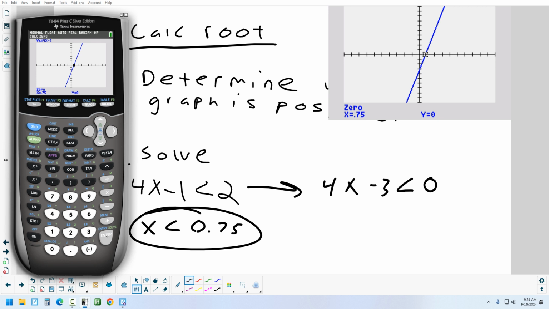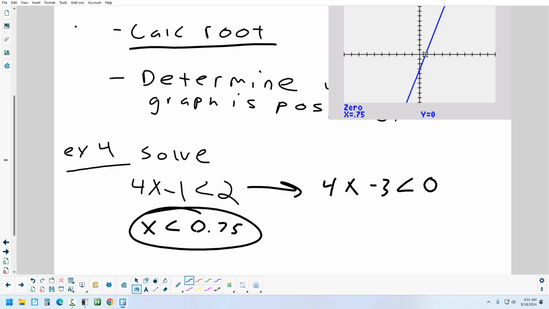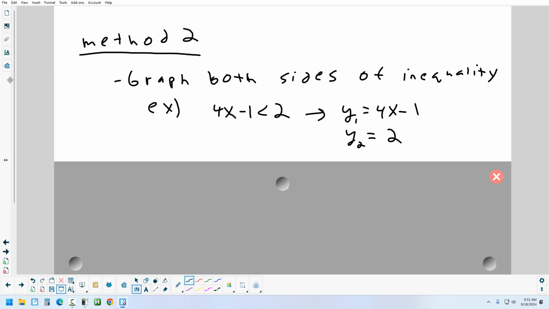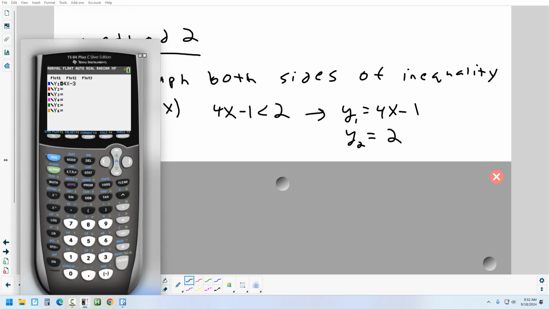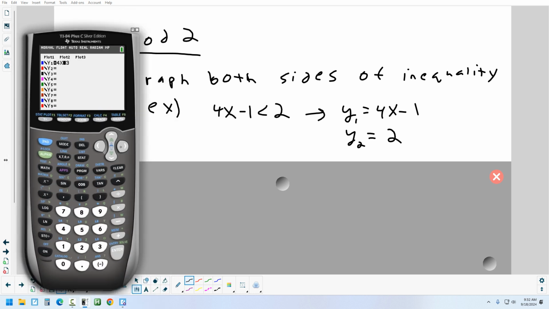It involves rearranging the inequality so everything is on one side. Another method is just leave it the way it is. Don't rearrange anything. Take what's on the left side, put it in y1. Take what's on the right side, put it in y2. So this is the same problem we just did.